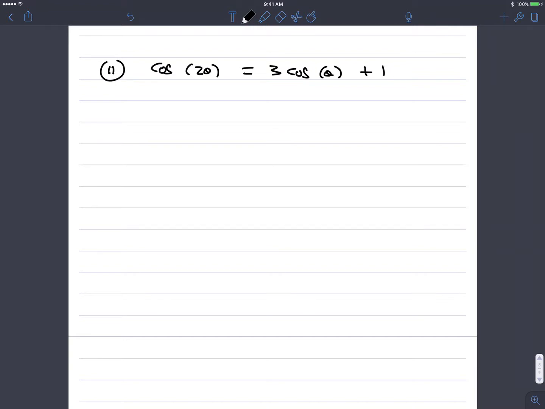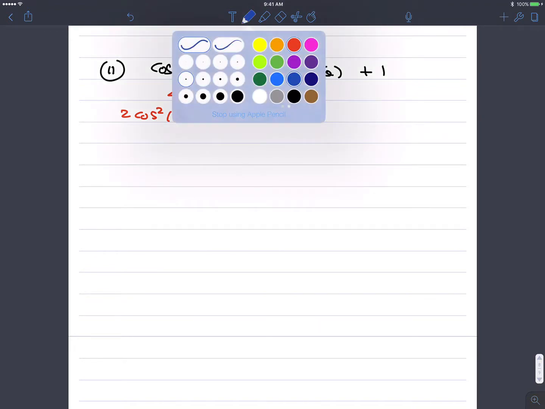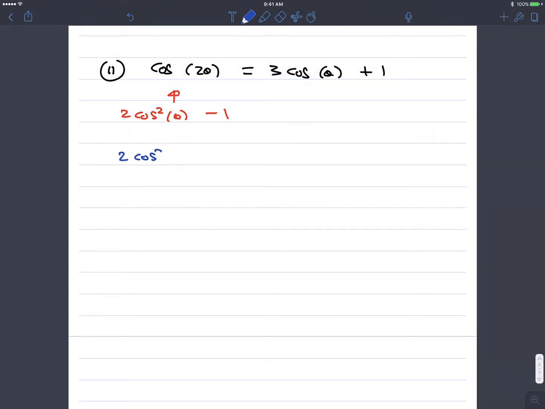Okay, what do you guys want to replace cosine 2 theta with? What do you guys think? What do we use earlier? What do we replace that with? 2 cosine square theta minus 1. Good job.